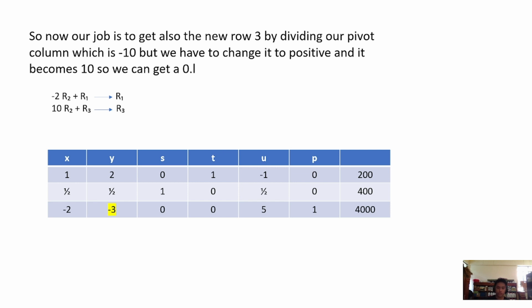So in the table above we have all the new rows, but unfortunately we have not finished yet because it is not yet 0 in the x and y columns, so we have to repeat what we did in step 5.